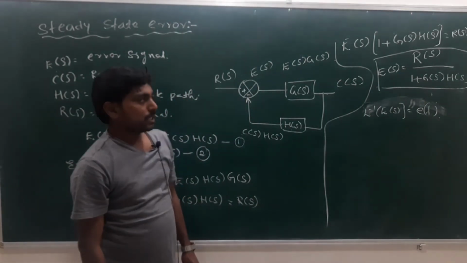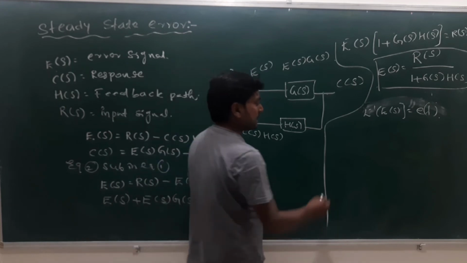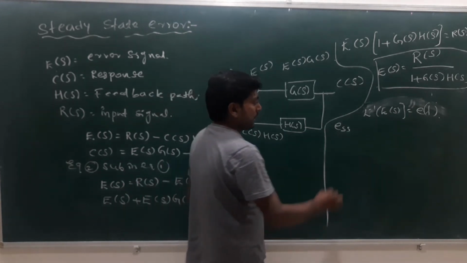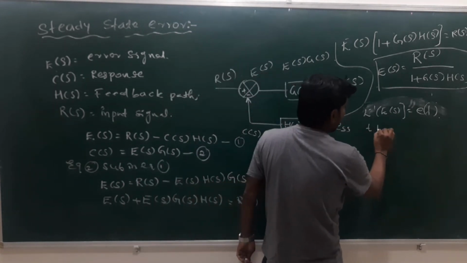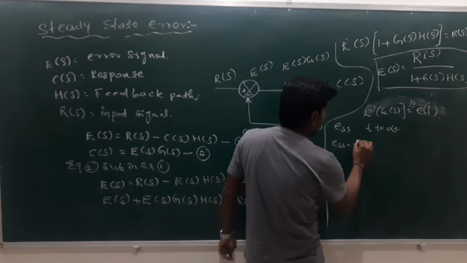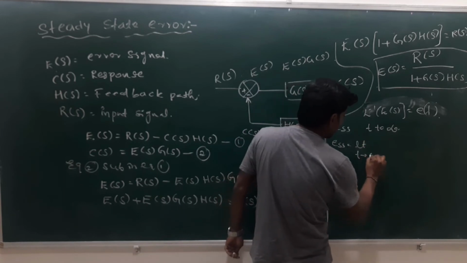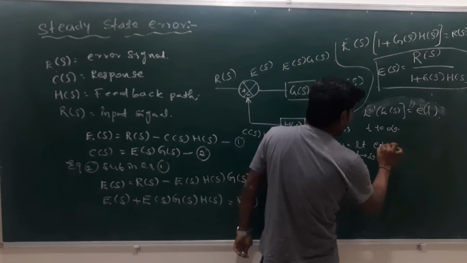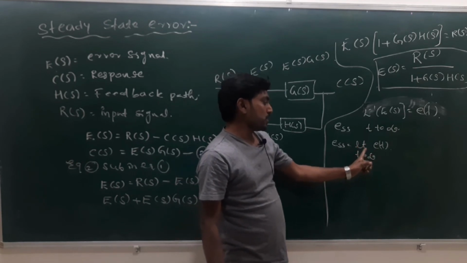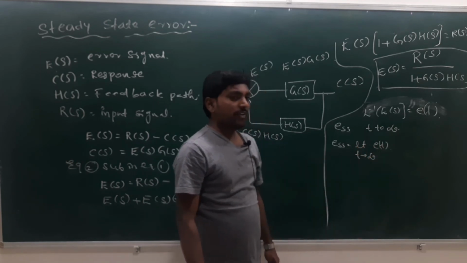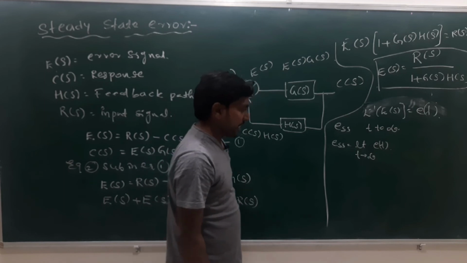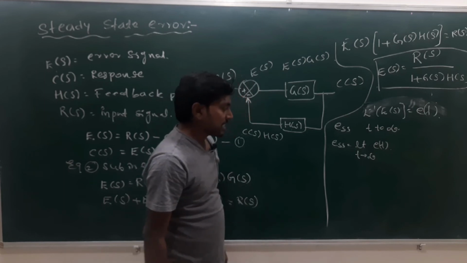The steady state error ESS is obtained when t tends to infinity. ESS is equal to limit t tends to infinity E(t). We find this by applying the final value theorem and the Laplace equation.